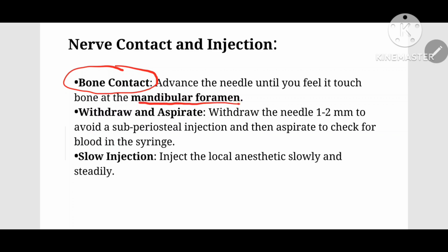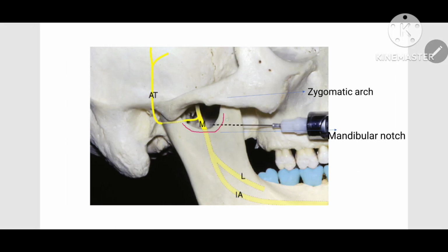Now when we have touched the lateral pterygoid plate, suppose this is the lateral pterygoid plate and we hit here, we have to come back and move our needle posteriorly, and one point will come when the needle will hit this nerve and there will be paresthesia.